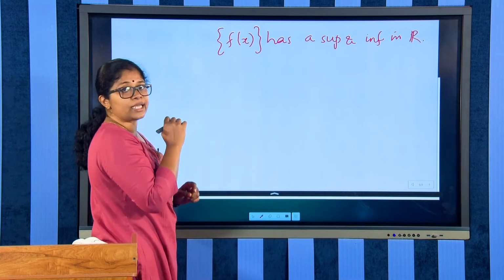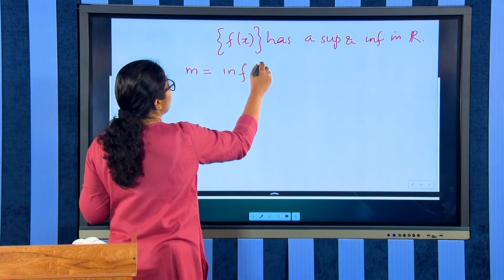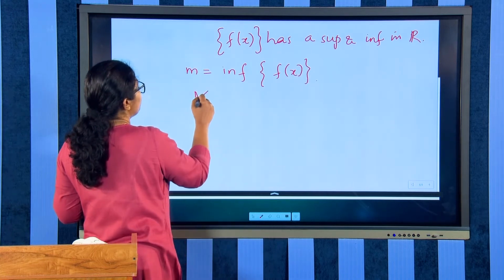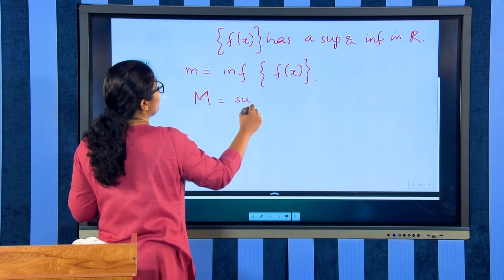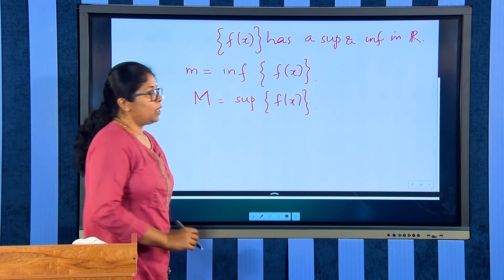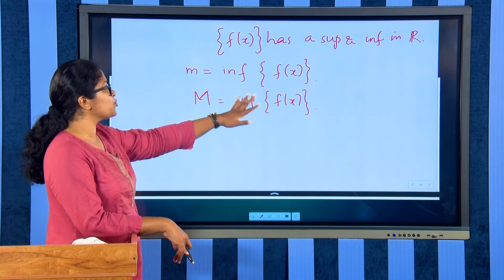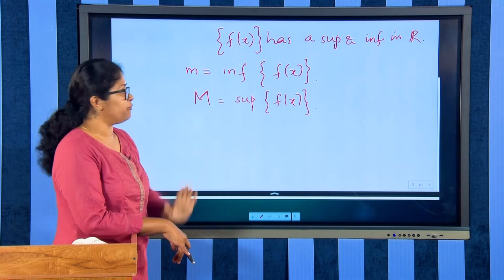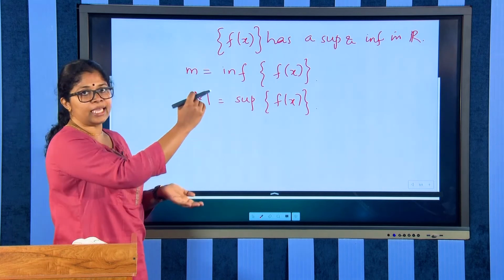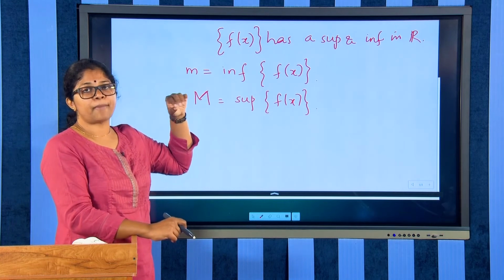So, let us denote the supremum and infimum by some numbers. Say small m is the infimum of this set f of x, and capital M we are going to define as the supremum of f of x. Okay, so far so good. So we have defined capital M to be the supremum and small m to be the infimum. So the image set has a supremum and an infimum. Now we need to show that these are the maximum and minimum.